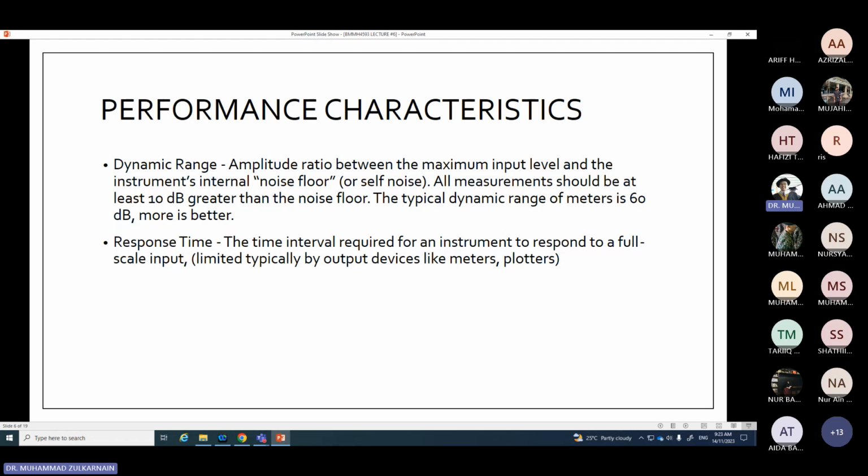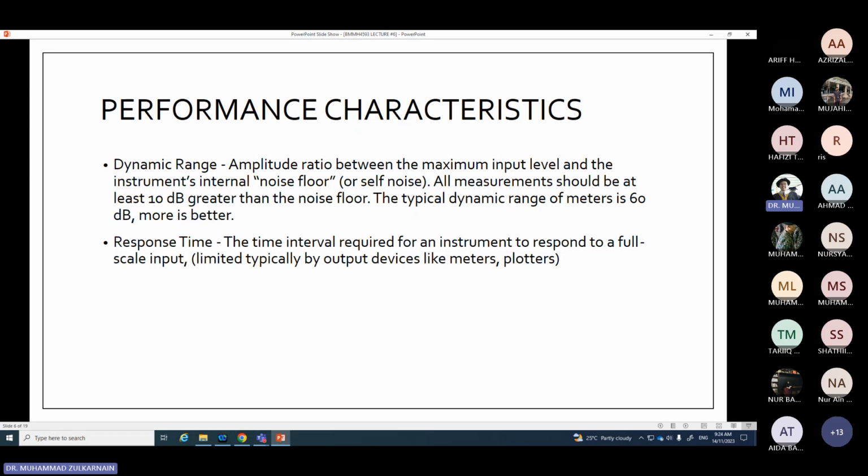As we know, when we go to several rooms or regions, they will create several noises from several sources. Let's say from the HVAC system, from the sound system itself, and then maybe from people movement, and then maybe from people talking.